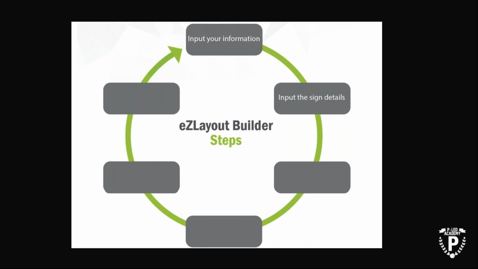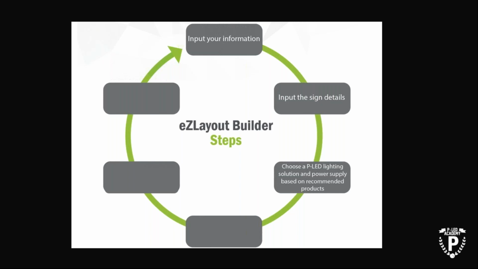Now, the eZLayout Builder has two different options. You can do a layout for cabinets or channel letter sets. That'll be noted by a box and then another box with the letter A that you can choose between them.